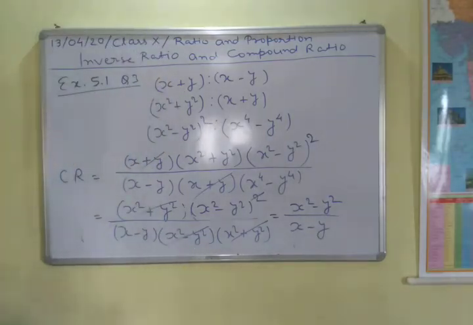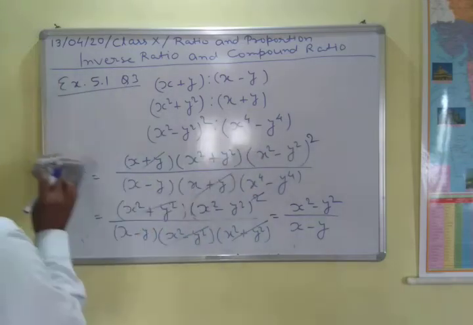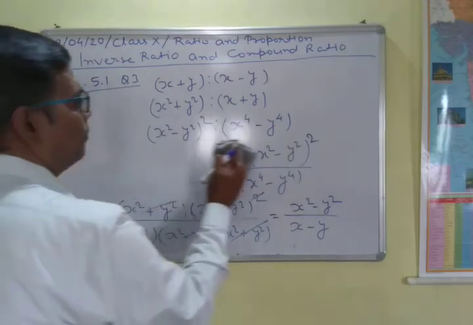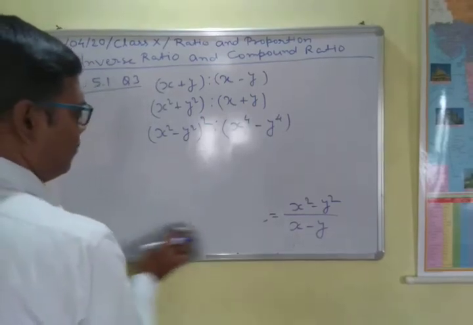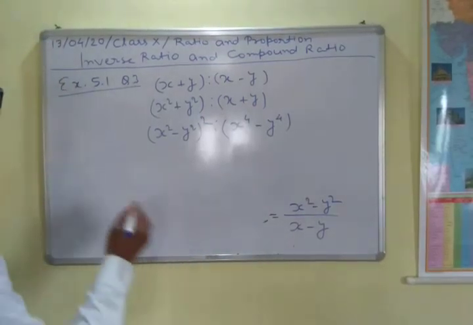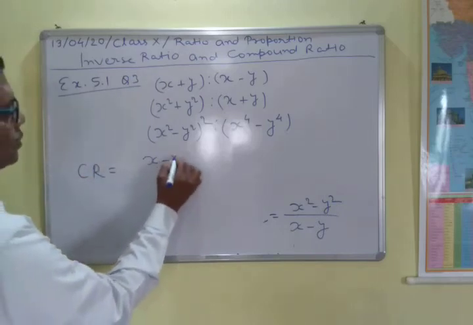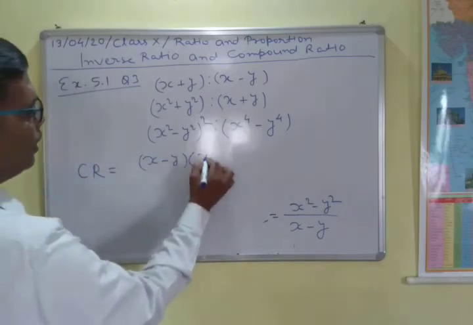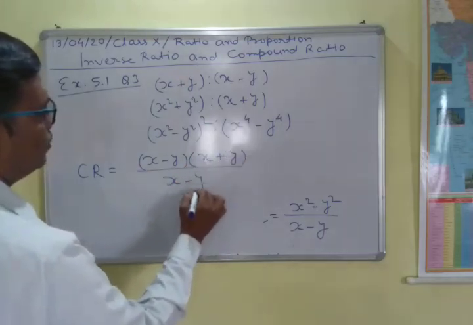Next, again we have to move further. The next step will be here. That is CR equal to x minus y, x plus y, and again x minus y.